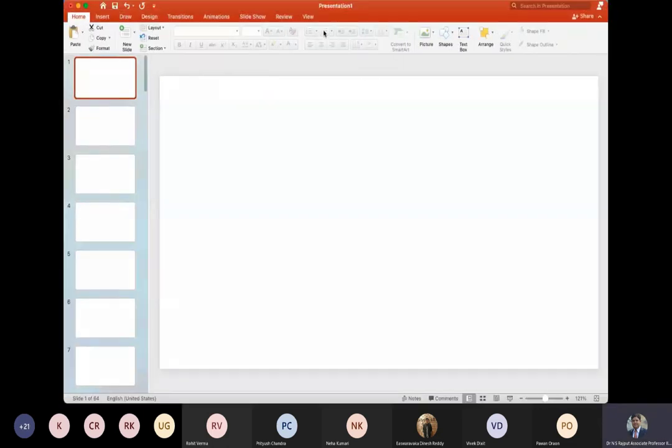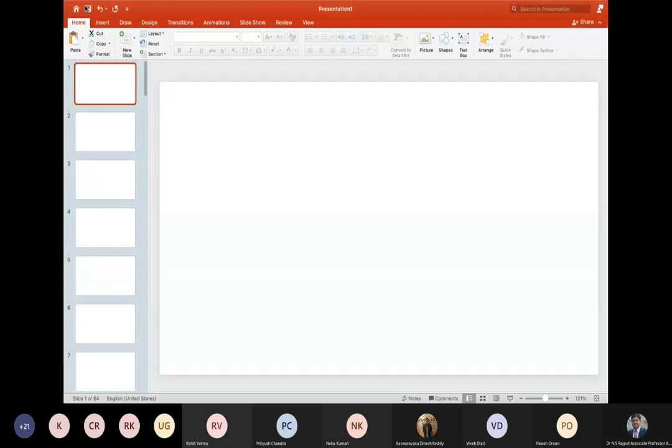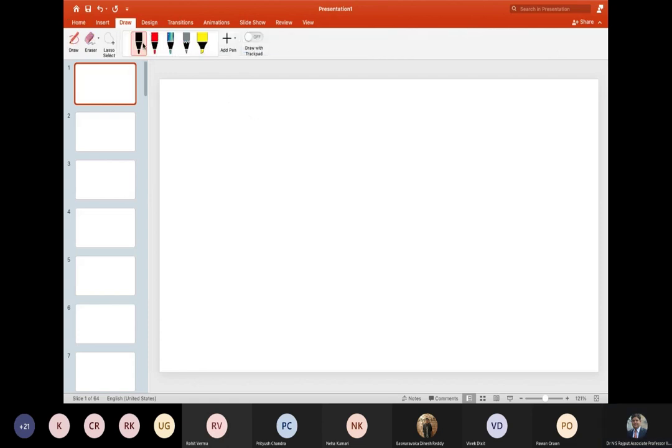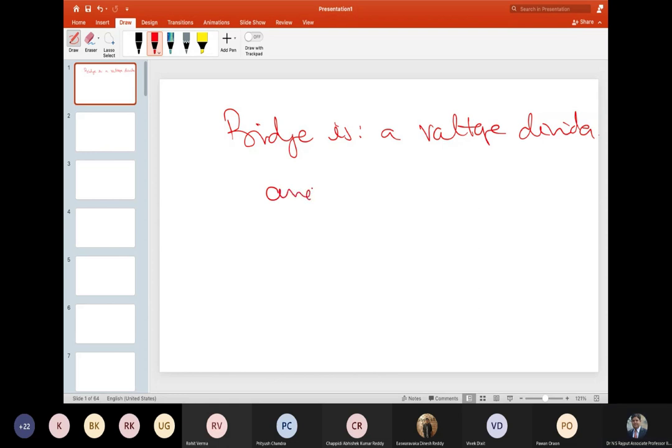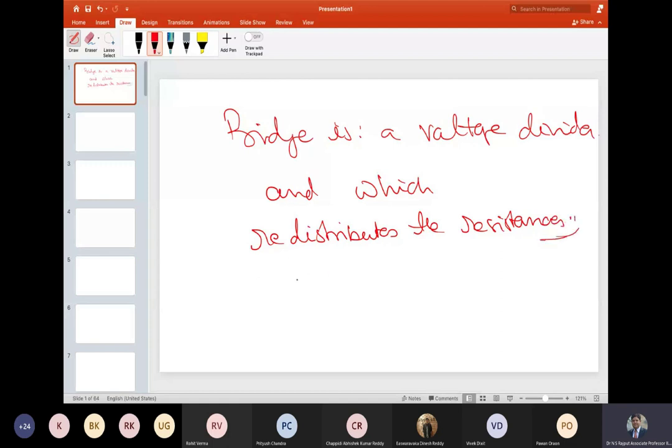A bridge is basically a voltage divider which redistributes the resistances present in the circuit.